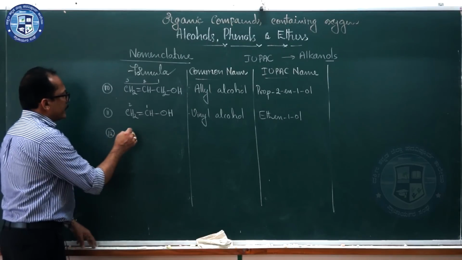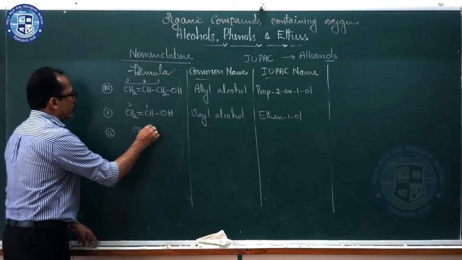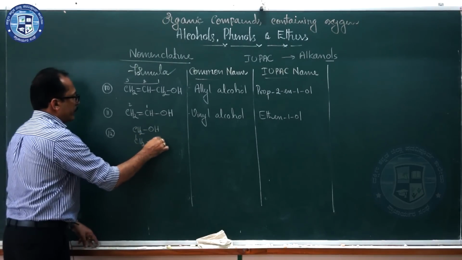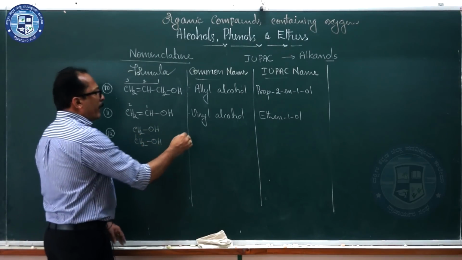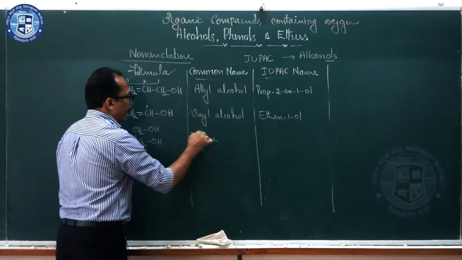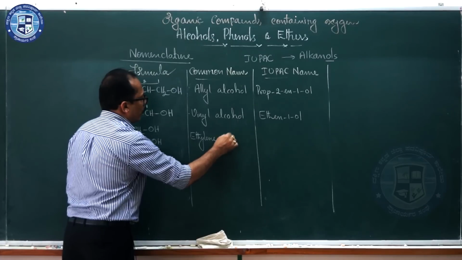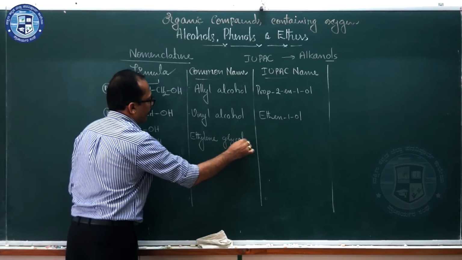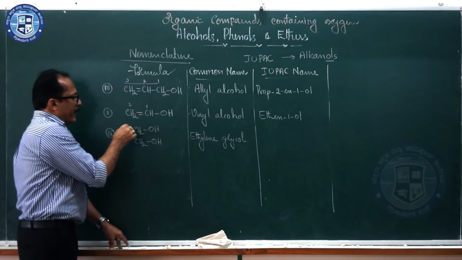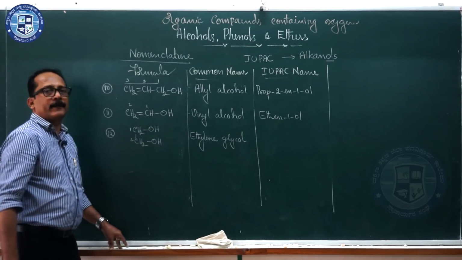The next compound is a dihydric alcohol, CH2OH-CH2OH. The common name of this compound is ethylene glycol. Now, what about the IUPAC name? First carbon, second carbon.